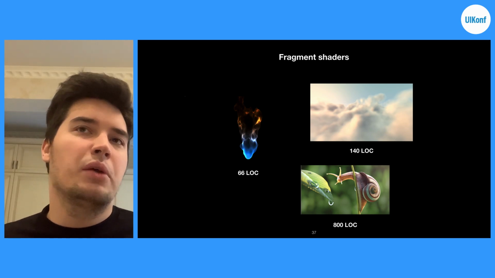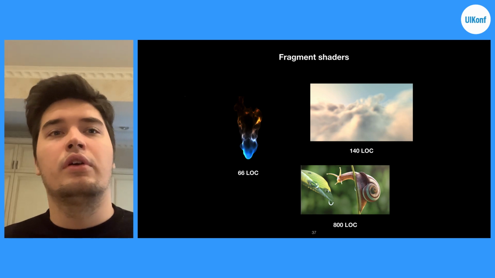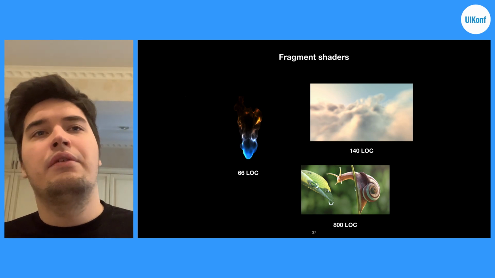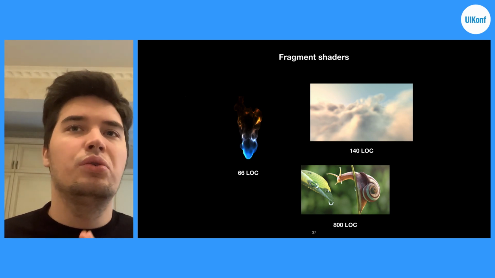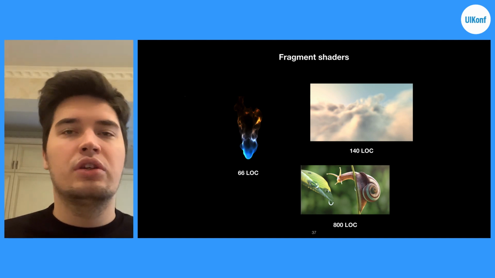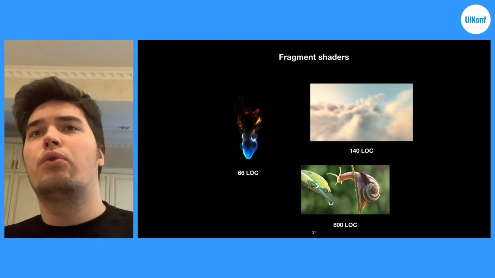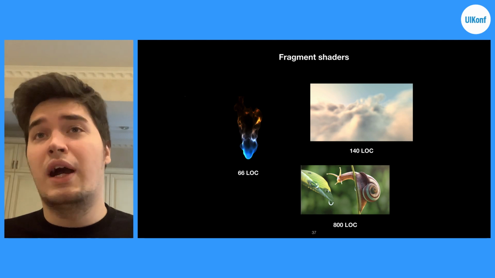What fragment shaders enabled us to do is really magnificent. The images you see right now were done purely in code. They didn't use any texture or any 3D model data. It's just a few lines of code, like 66 for the flame and 140 for the clouds, that generate those images, and they are even animated.